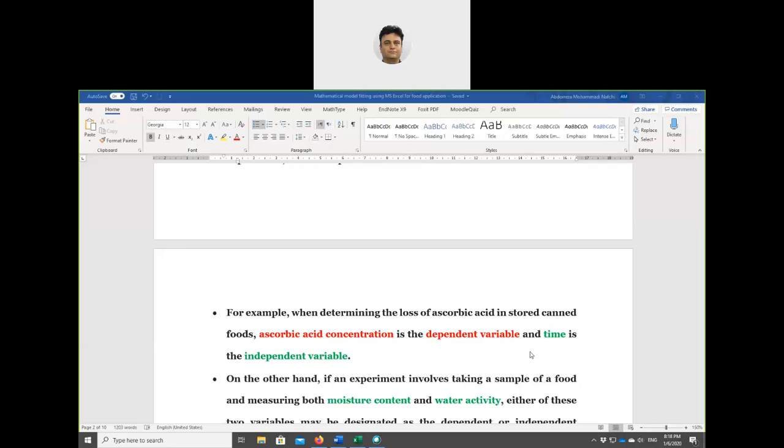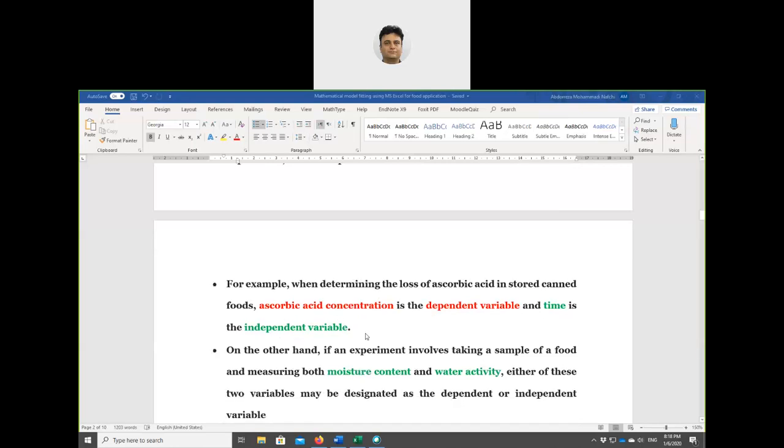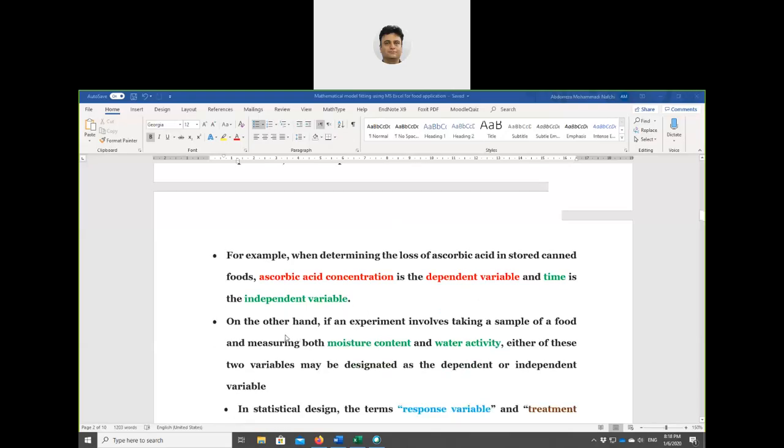So when determining loss of ascorbic acid in stored canned food, the ascorbic acid concentration is dependent and time is an independent variable.